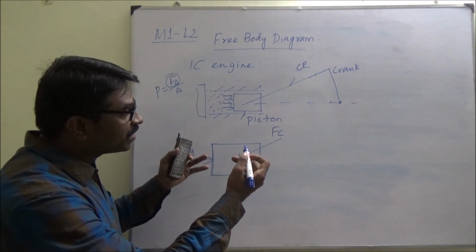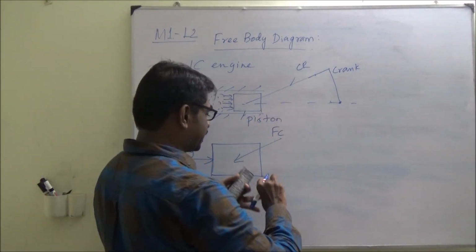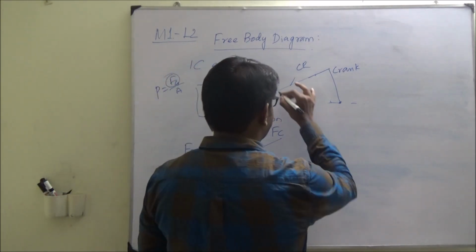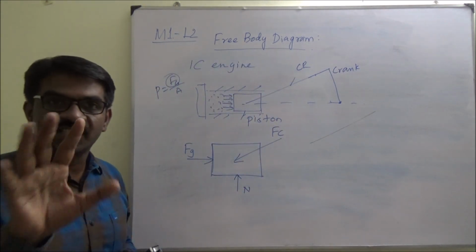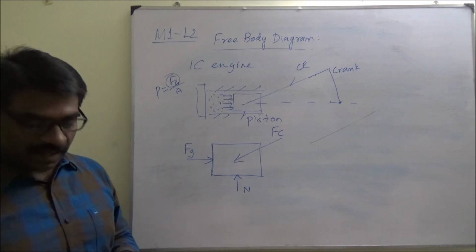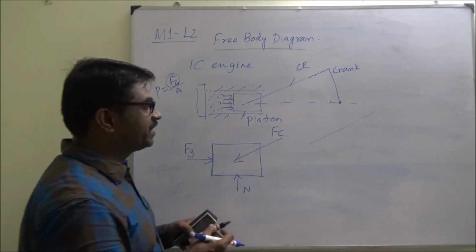Now if I have to draw the free body diagram for the connecting rod, I am isolating the connecting rod. This is the connecting rod. I have not changed the angle; assume the same angle is maintained.